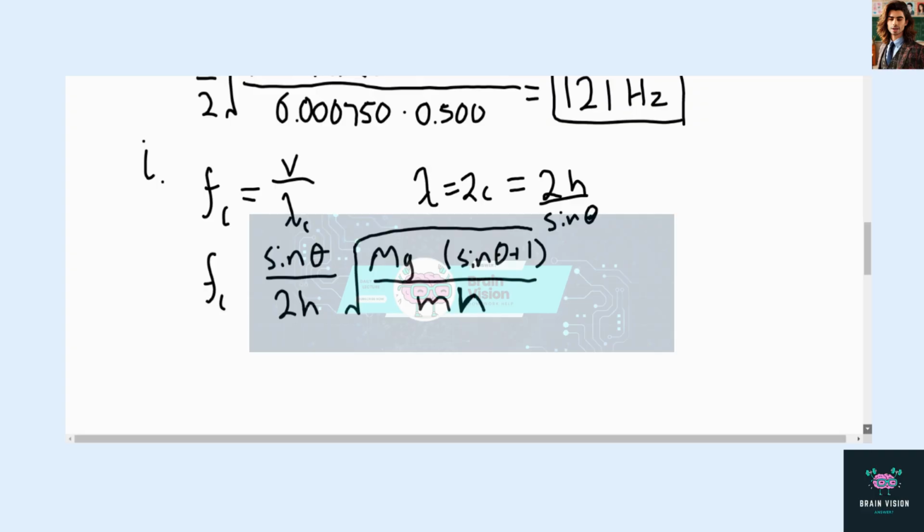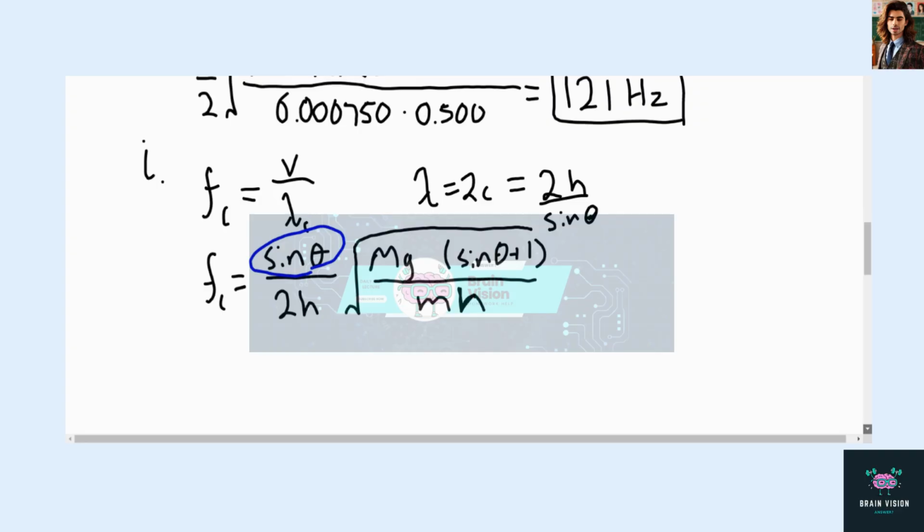And here we want to find the numerical value again, so we're using all the same values for the variables as before. But if we take a quick look and compare our formula for Fc to our formula for Fh, we see that the only difference is this sine theta in the numerator, at the very beginning.